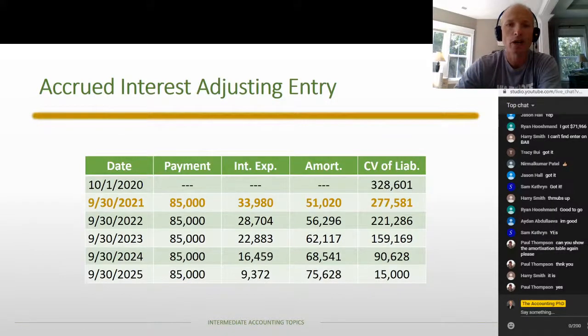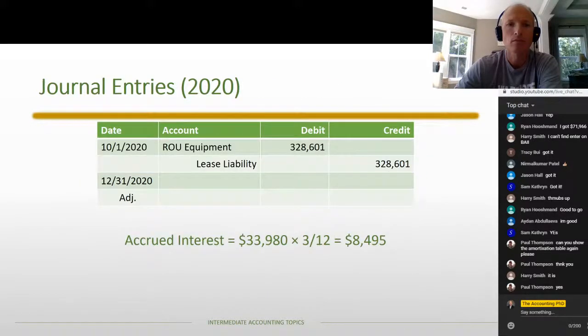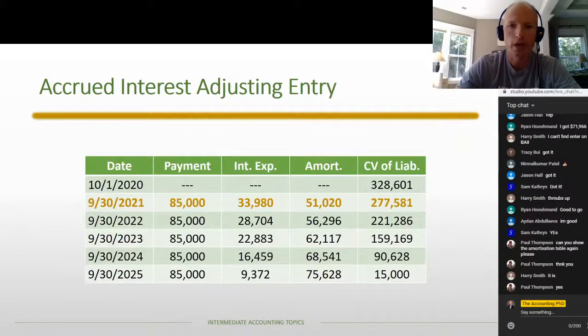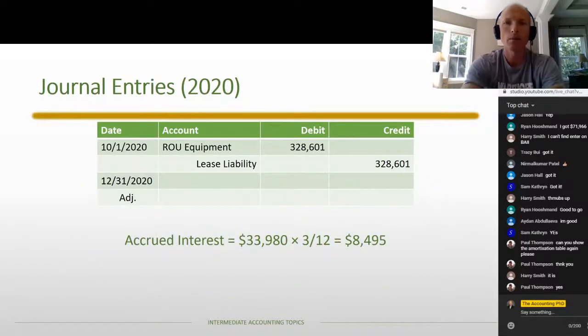And so this is the line that's relevant for any adjusting entry on 12/31/2020, because 2 months of this line occur in 2020. And so the accrued interest then is the full amount, which is the $33,980 from that row, multiplied by 3/12, because you have October, November, and December.